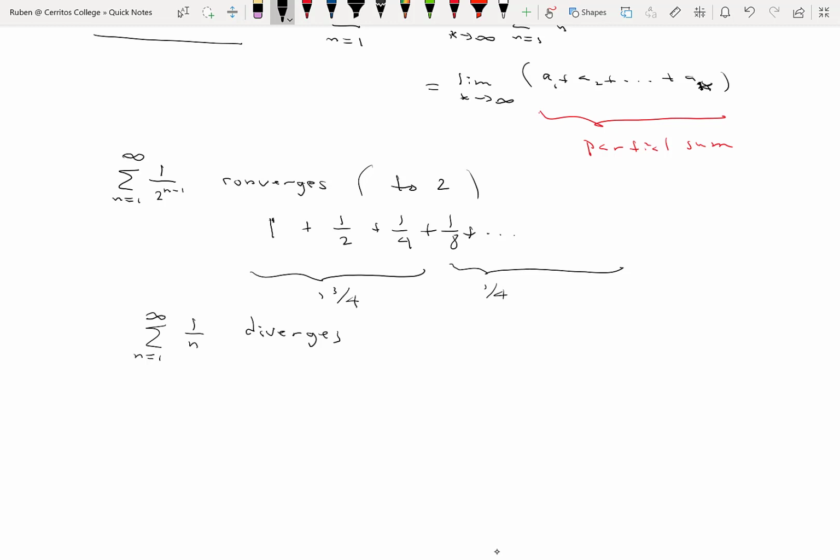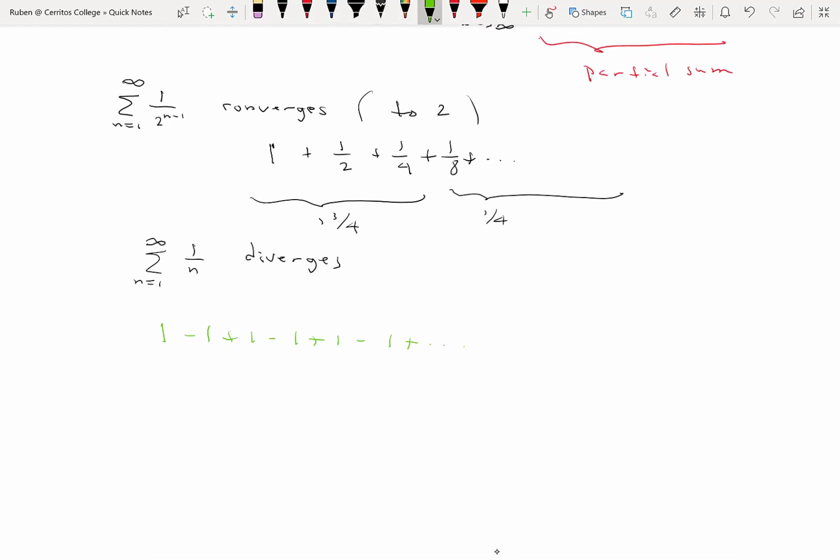And one way for partial sums to not approach a finite number is to approach infinity, but it's not the only way. So here's a quick example in green. The series 1 minus 1 plus 1 minus 1 plus 1 minus 1, etc. This series does not converge. If you have the first term only, you have 1.